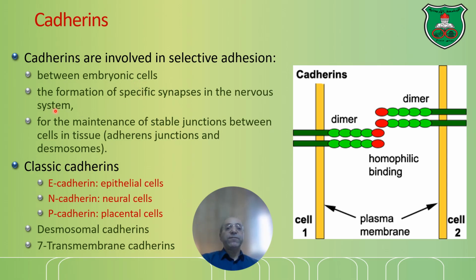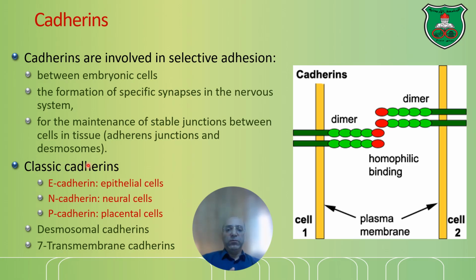They can also form between different nerve cells in the synapse. The interaction between cadherins can also maintain the stable junctions between cells and tissues. Meaning you have the formation of adherens junctions and desmosomes. We'll talk about them in the following slide.